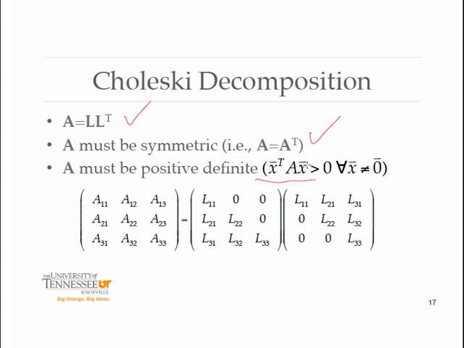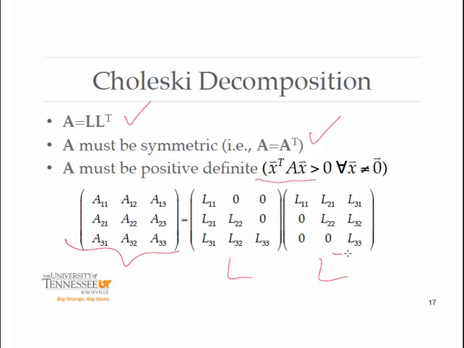So this is a general 3x3 matrix that I've listed and indexed appropriately. You can see I've got 3 rows and 3 columns. For the Cholesky factorization, here's the form. There's the L and there's the L transpose.